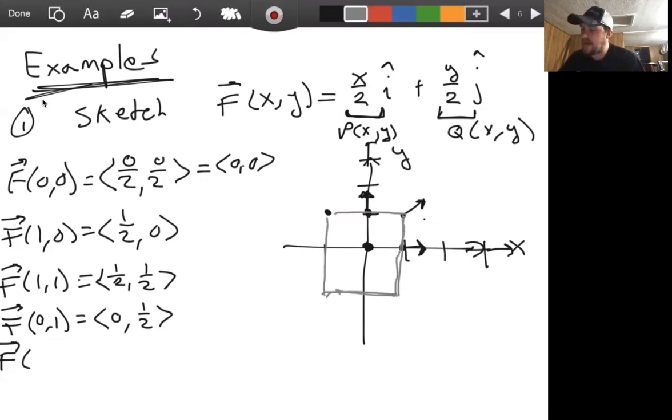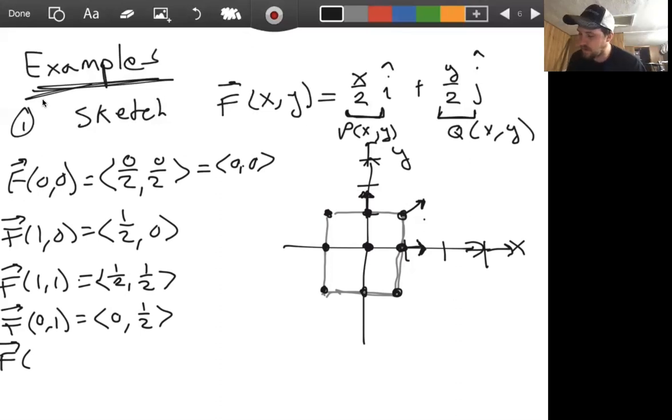And so I just pick major points along these. Obviously, you can pick whatever points you want. These are always convenient. And then if I don't get a good enough idea from here, then I'd go out to a box 2 units away. And then you can look at points on that rectangle as well, right? And then you just keep going until you get an idea of what all these vectors are doing.